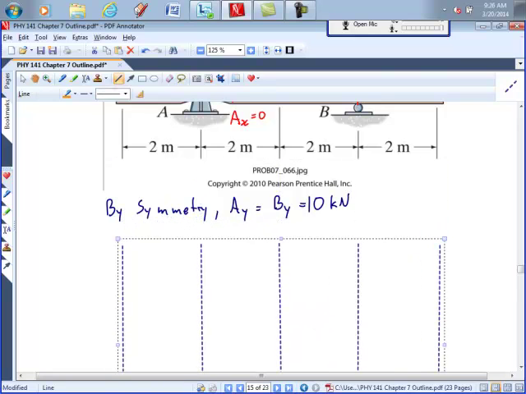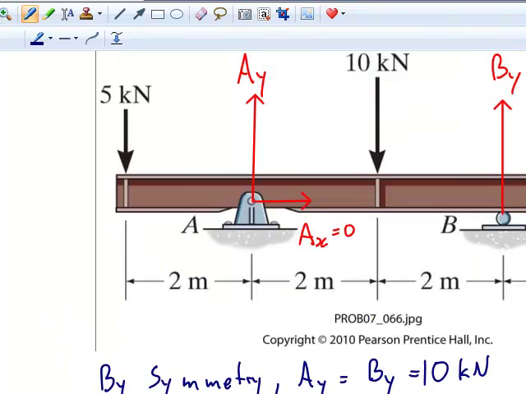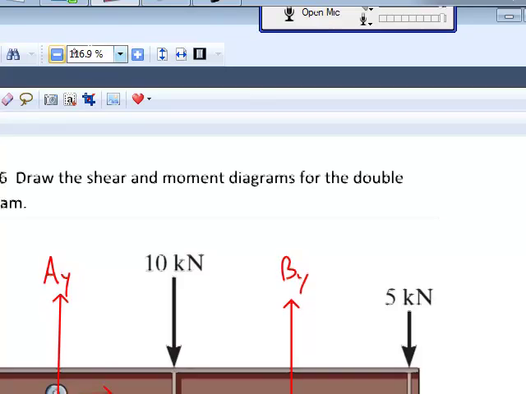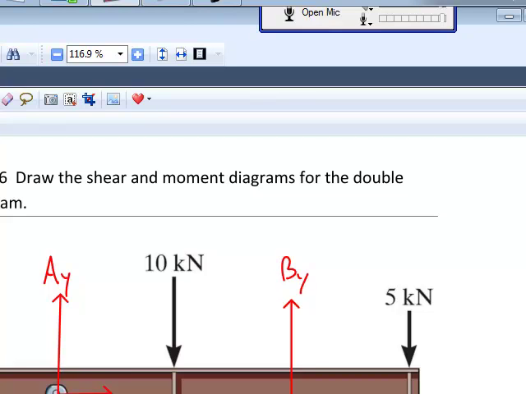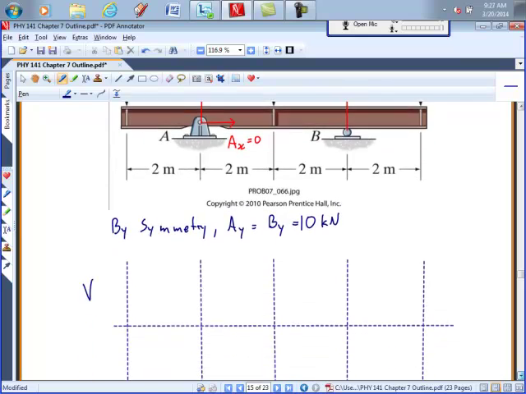Okay. What's the shear diagram going to look like? So we've got a point loading right at the end here of 5 kilonewtons, which is down. So that's going to cause an immediate jump in the shear diagram from 0 down to negative 5 kilonewtons.